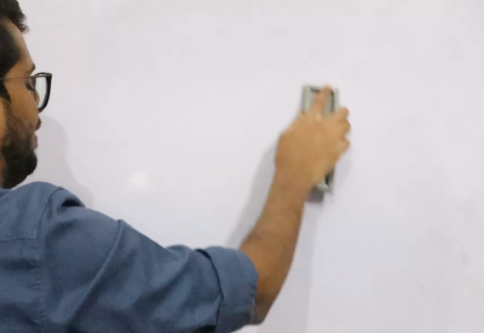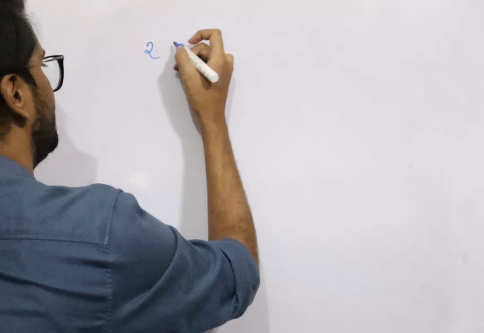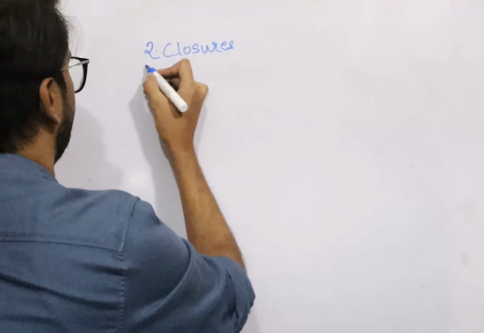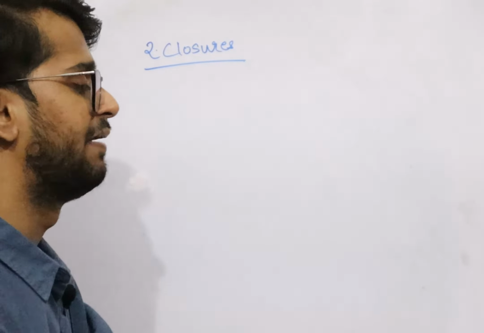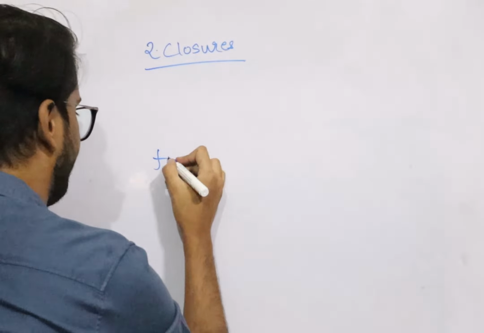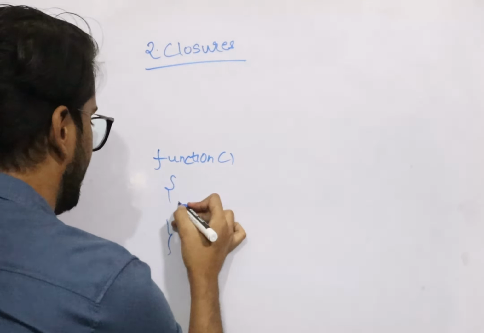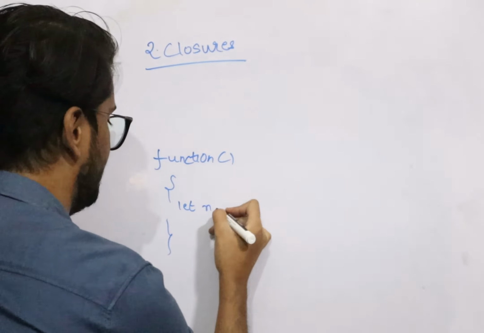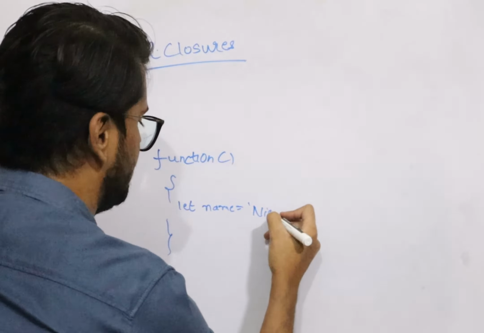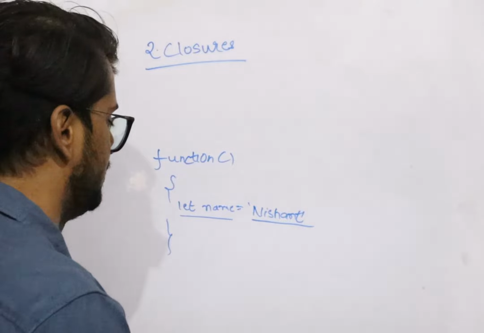Now, the next thing that we will learn is closures. Let me write it here. Closures. This has to do with the privacy of a variable. For example, let's say we have a function, and inside it we have a variable declaration called name, with the value Nishant.